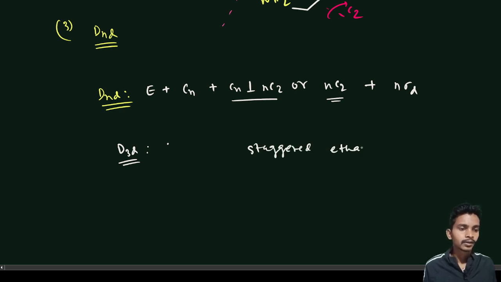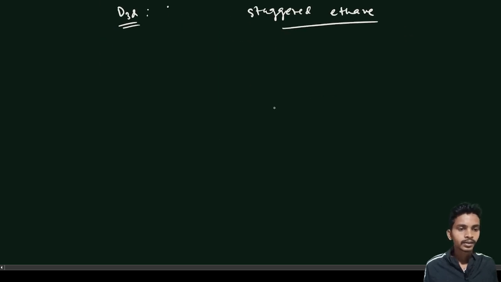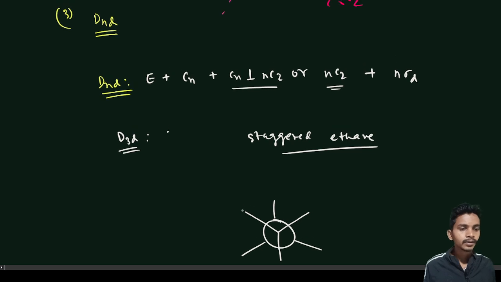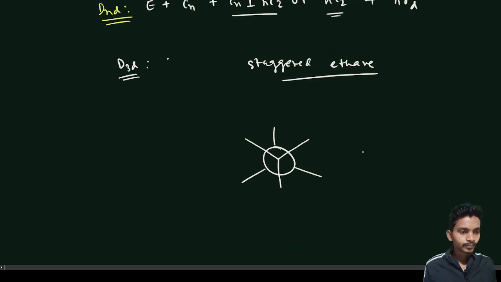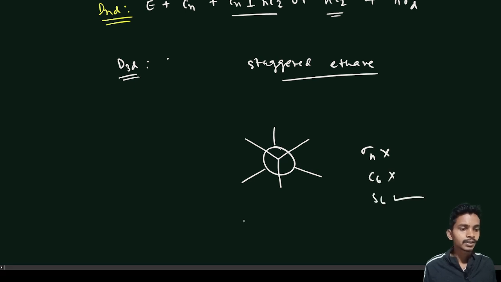If I write it in Newman projection, which we have discussed already, here σh is absent. We already discussed this example, and here also C6 is absent but S6 is present.